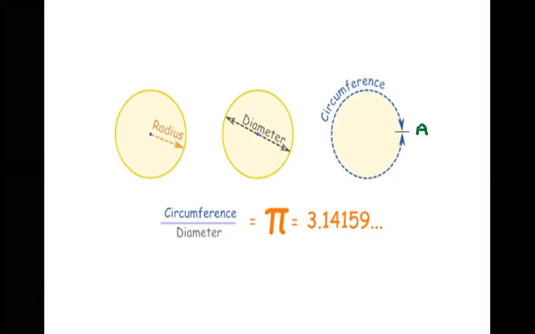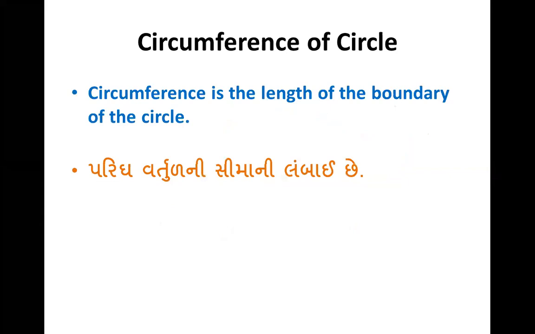When you start with one point and reach that same point again, it's known as the circumference, or perimeter also. So look here at the definition of the circumference on your screen. It's the length of the boundary of the given circle.